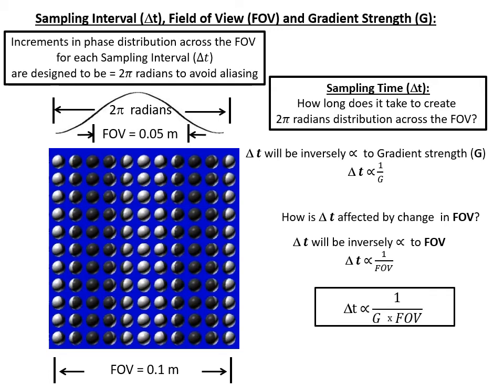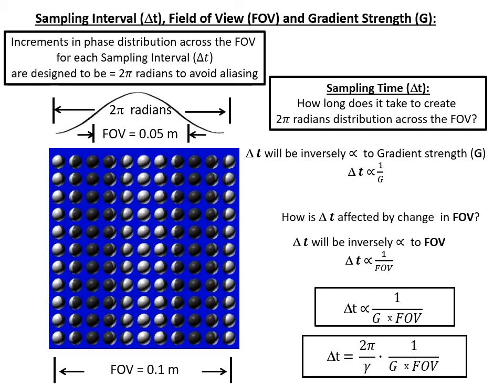If we put these two things together, gradient and field of view, we can see that the sampling interval delta t would be proportional to 1 over the gradient strength multiplied by the field of view. And if we want to quantitate this and remove the proportionality symbol, the constant that is used is 2 pi over the gyromagnetic ratio.